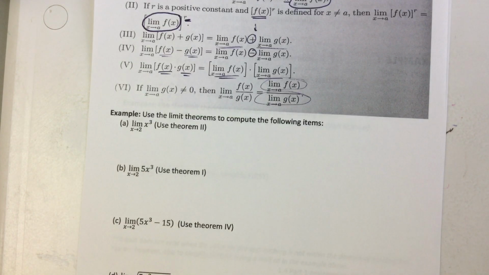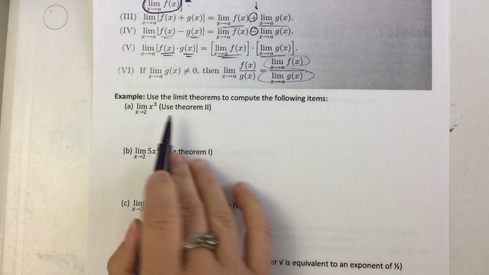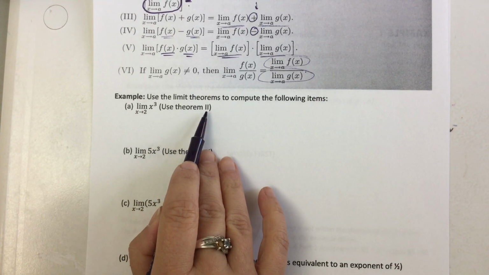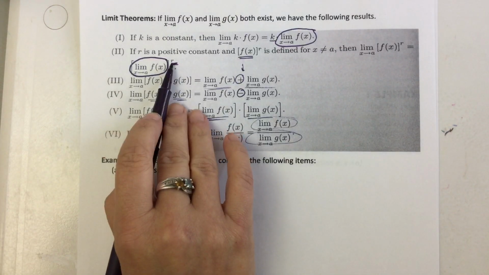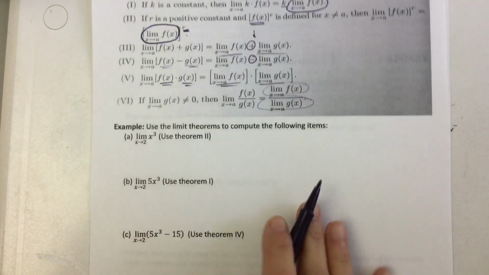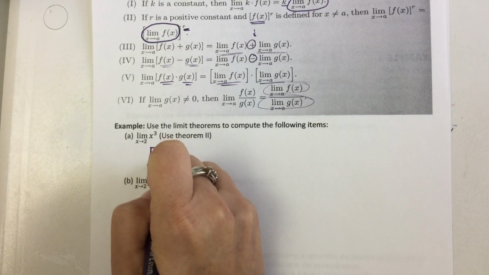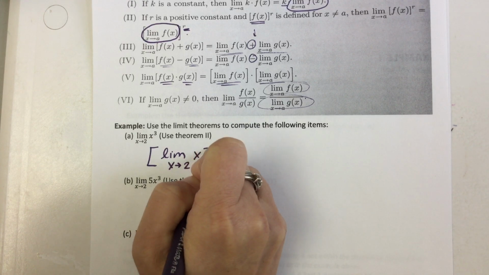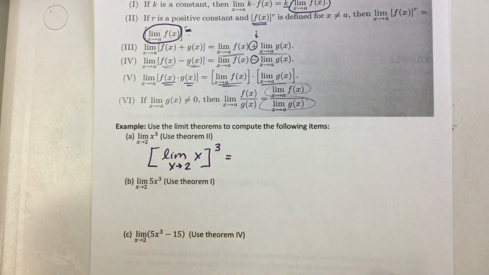Okay, so let's go ahead and do this. This says to use theorem 2. If I am using theorem 2, I go ahead and find the limit and don't worry about the exponent till later. So this says find the limit as x approaches 2 of x, then take that limit and cube it.